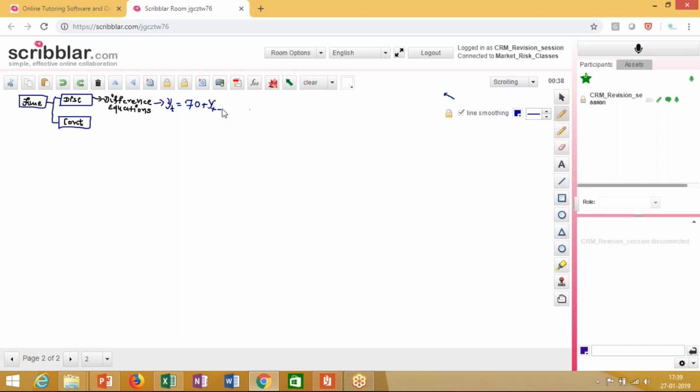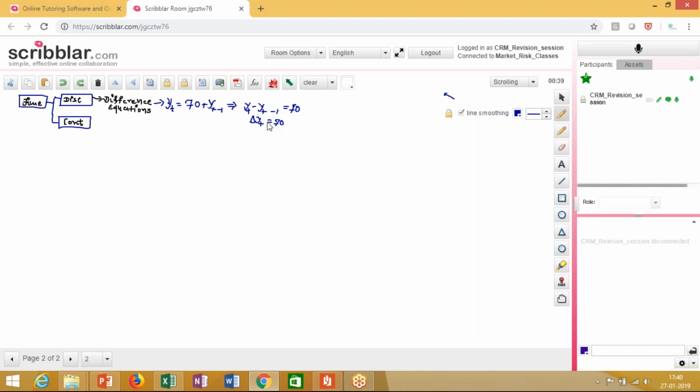Now if I subtract yt minus 1 from yt, what I'll get is yt minus yt minus 1 is equal to 70. That is delta yt is equal to 70, right?